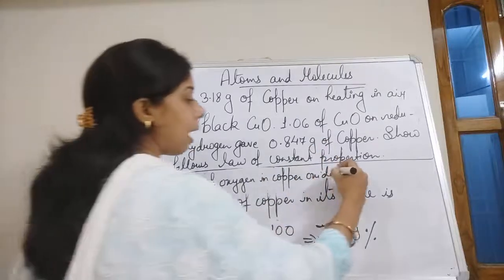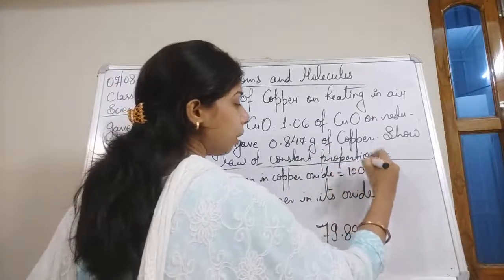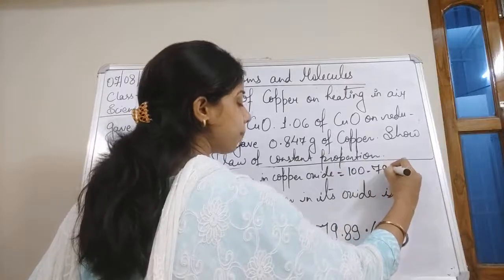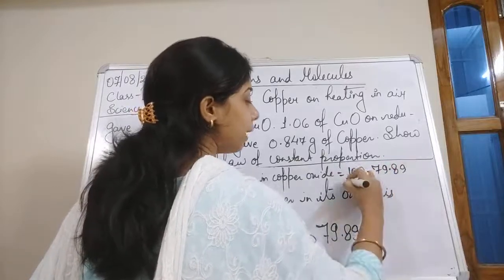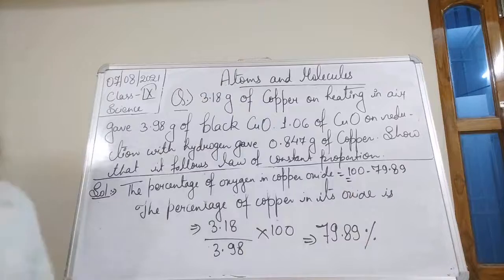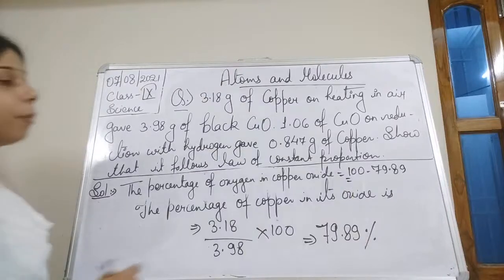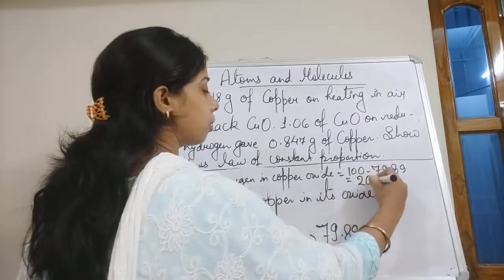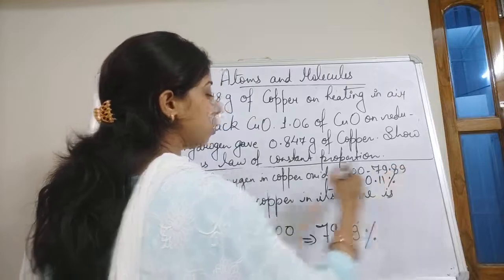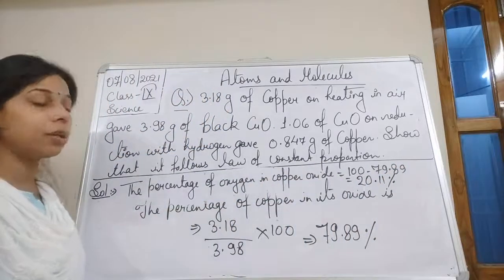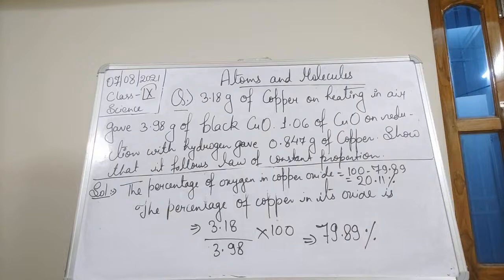We simply subtract it from 100, and this equals 20.11 percent. 20.11 percent is the percentage of oxygen in the first case.